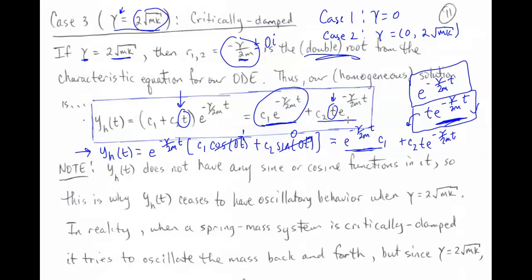It's just that it's going to do it faster than it would have for case 1 and case 2, because this particular term has got this part that's going to 0, but because this t is being multiplied by it, it's actually making it go to 0 faster than it would if it was just like this. Okay.